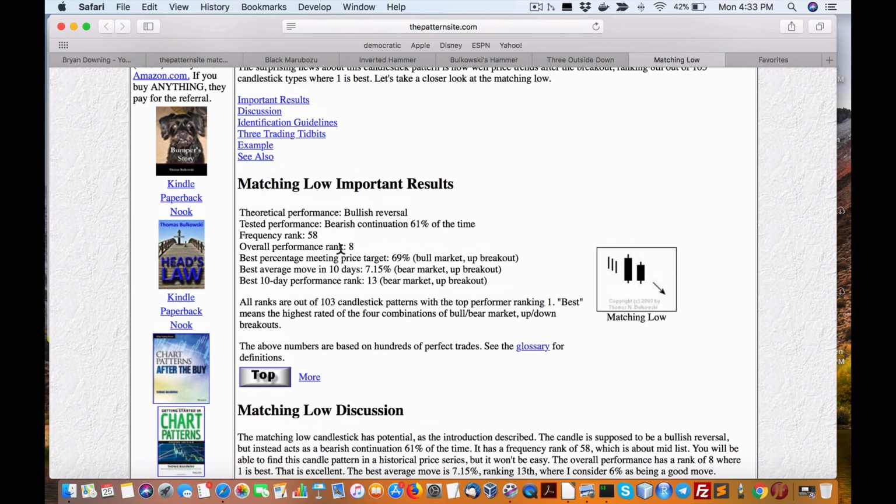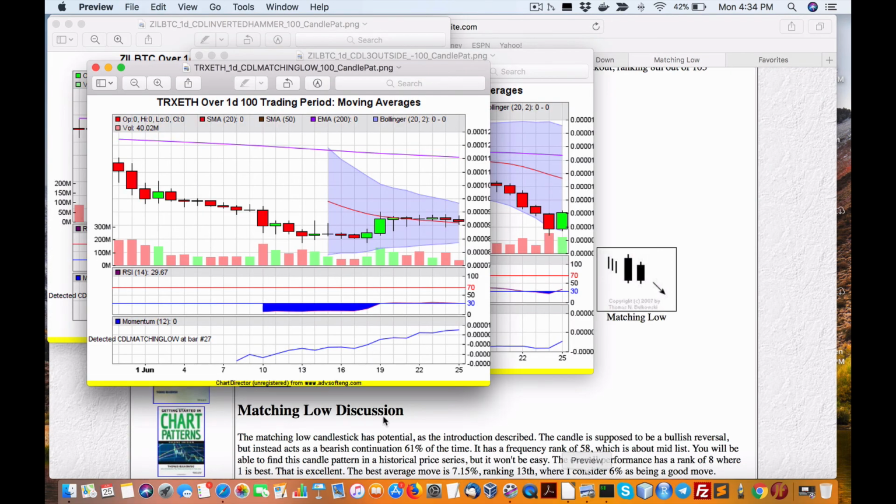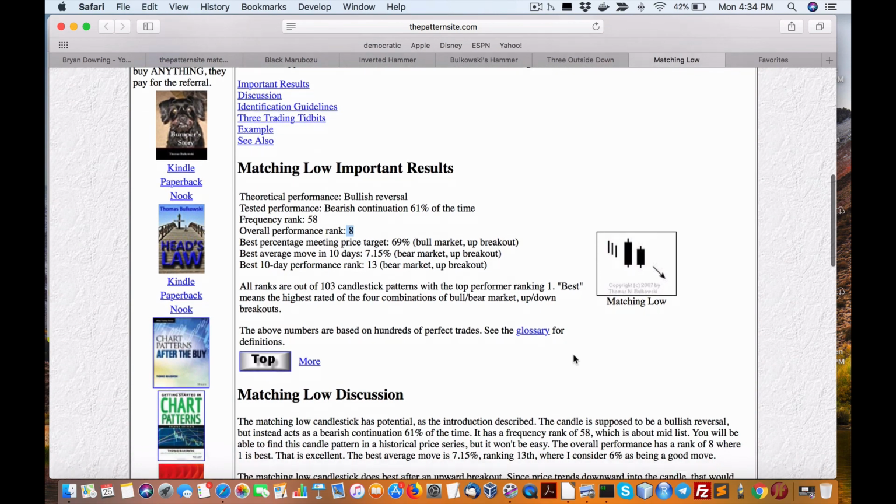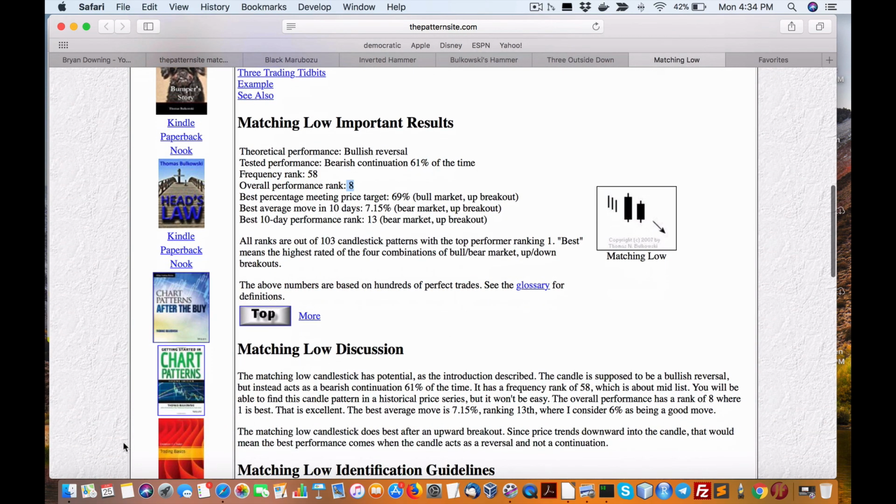Overall performance rank. So it's pretty high, 61%, bearish continuation 61% of the time. So that is on this 1, 2, 3, matching low. Yeah, I guess I'll keep it.